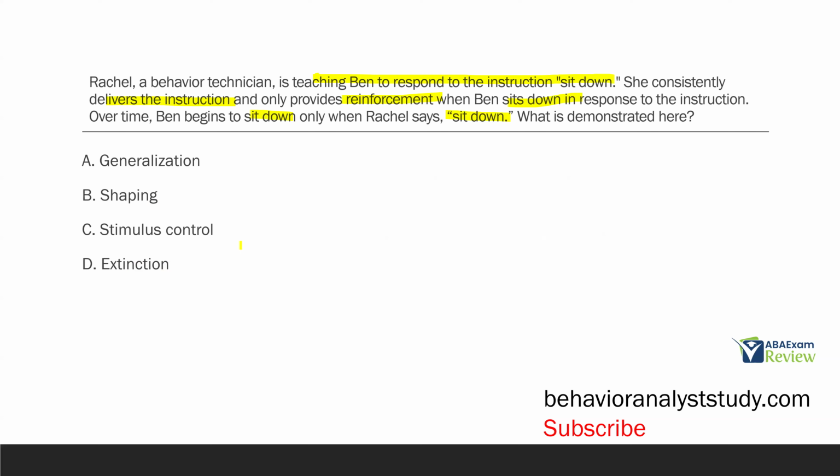What we have is stimulus control. We've got a situation where the stimulus, sit down, has control over Ben's behavior. This is what we mean by stimulus control. And then extinction, we're not running an extinction procedure here, so extinction does not fit. Rachel has established sit down to have control over Ben's behavior. What's demonstrated is C, stimulus control.